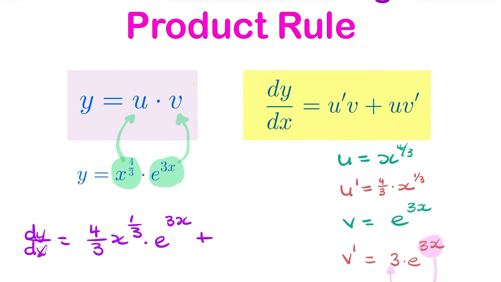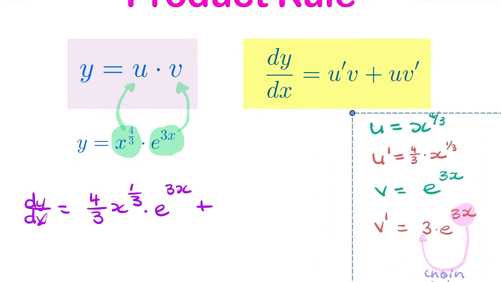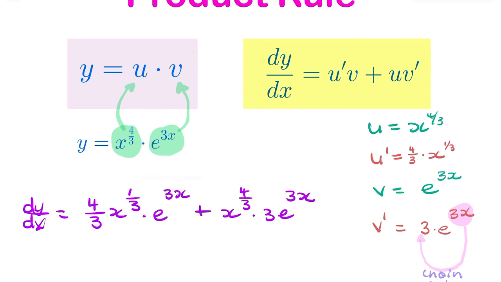So let me move these out of the way. So it's x to the power 4 over 3 multiplied by 3 e to the power 3x. So that's your final answer for dy by dx. You can't really simplify it, although it would be nicer if this coefficient came before the x.